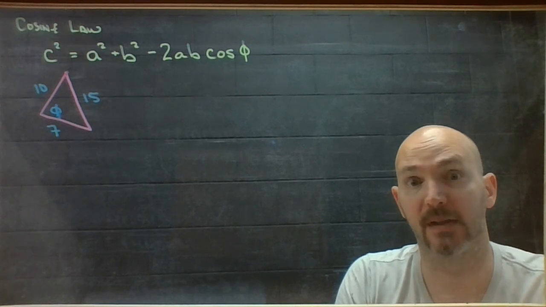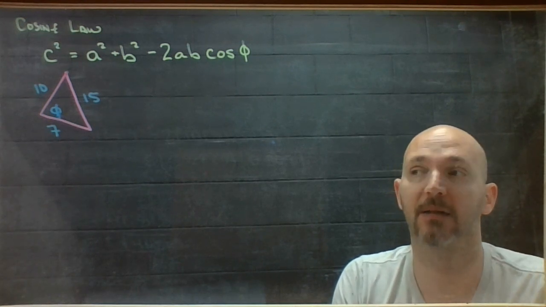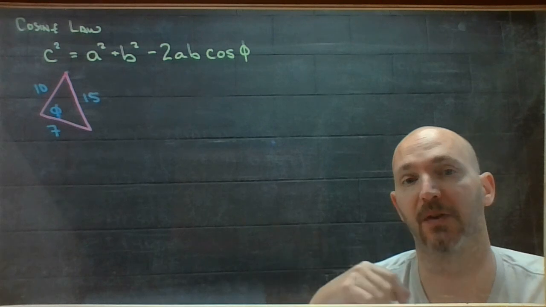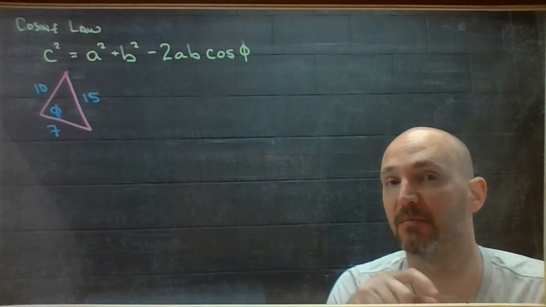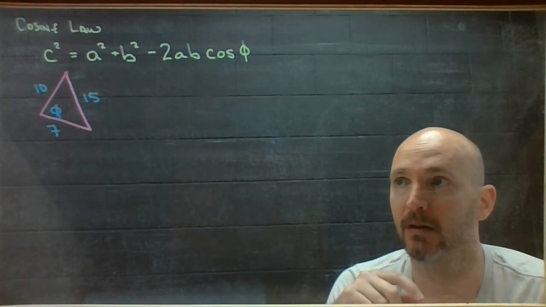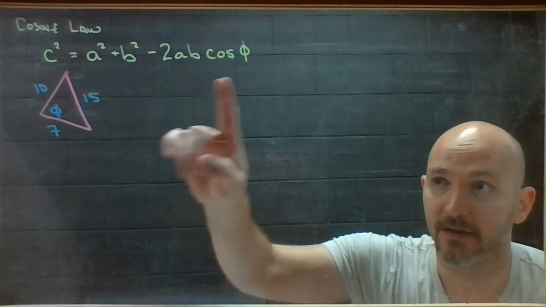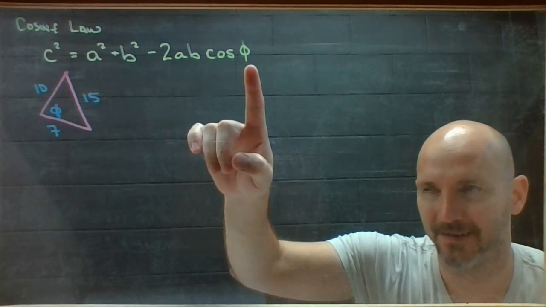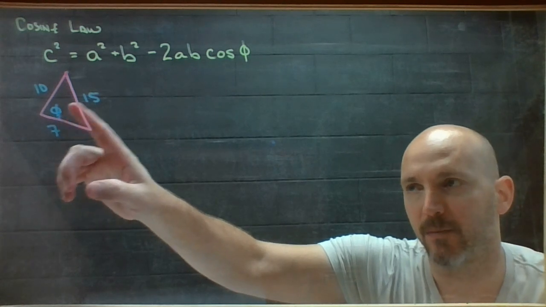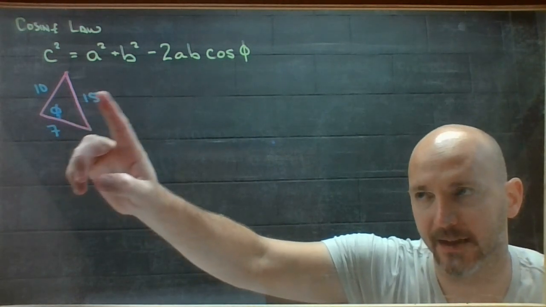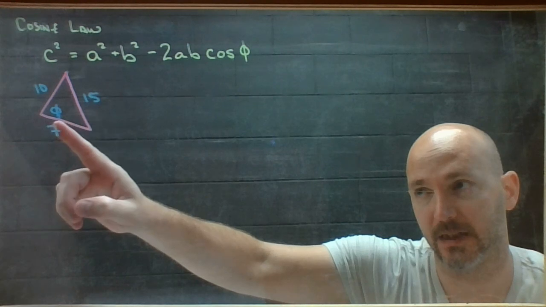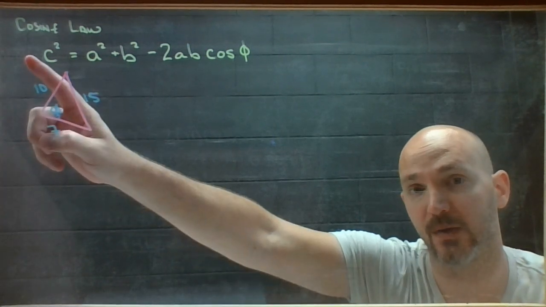We have another example here. This time, I have lengths for all three sides, and it's the angle that I'm missing. So the angle is going to go there, obviously. Whatever the side length is that is not touching the angle in question is the one that goes over here.